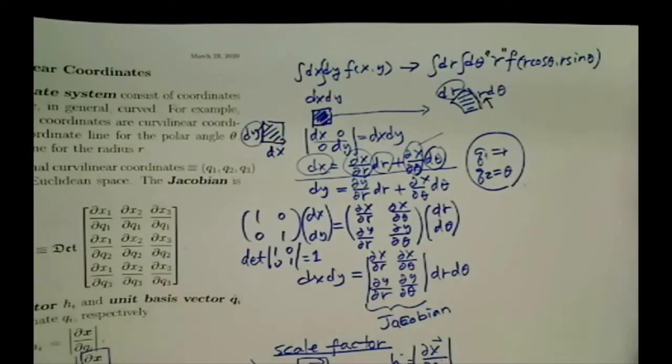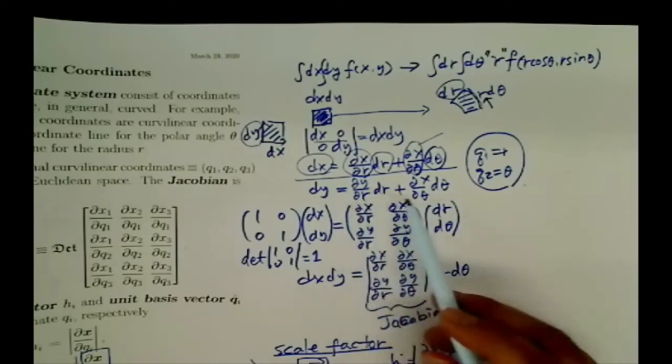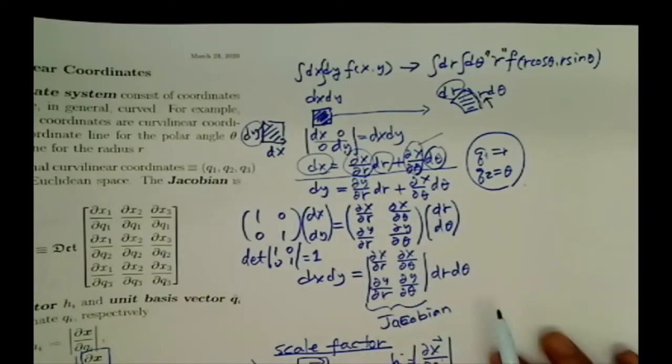This is called the scale factor for angle theta. That can be consistently obtained by computing the determinant of this matrix, which is called the Jacobian.